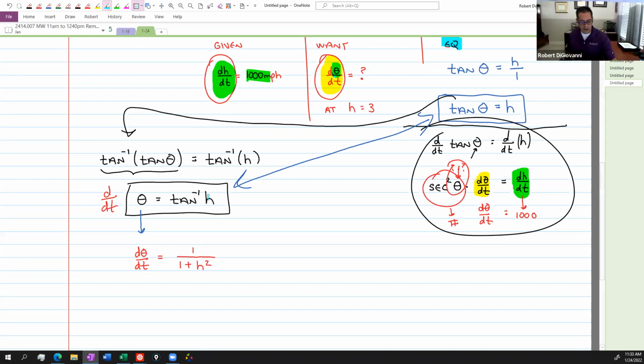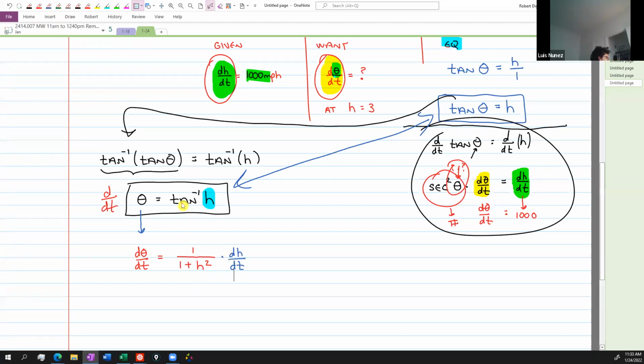Careful, one more little thing. Chain rule. It'd be dh/dt. So Lewis is saying, derivative of arctangent of something is 1 over 1 plus that something squared, times the chain rule derivative of h with respect to time, which is dh/dt.